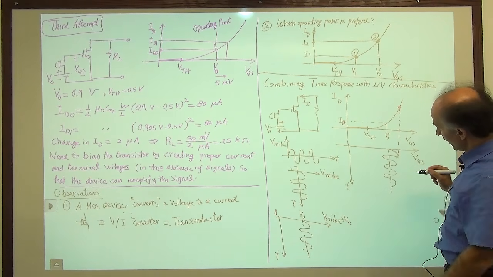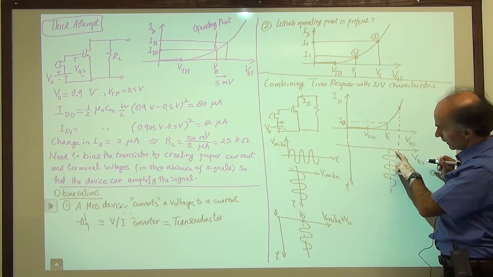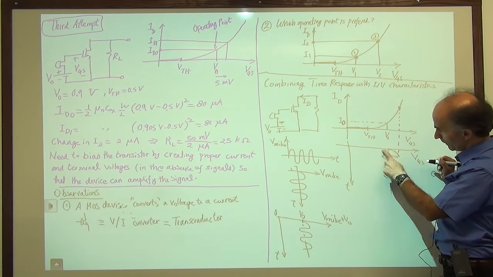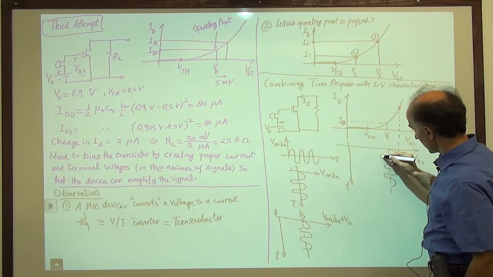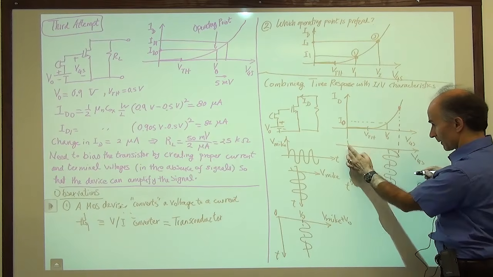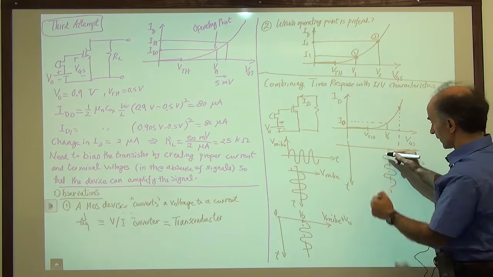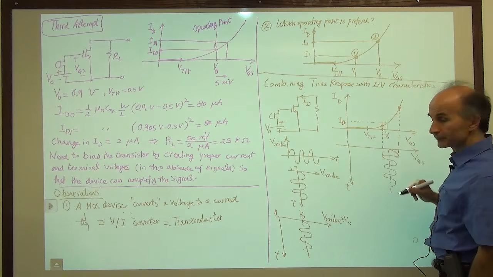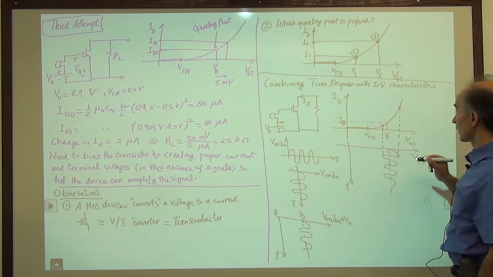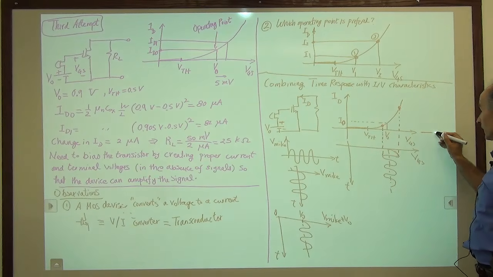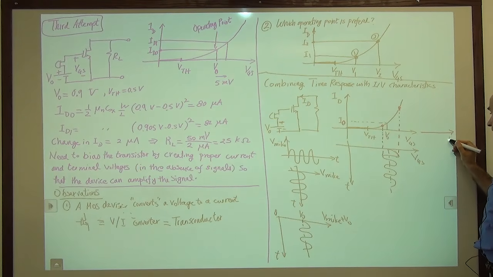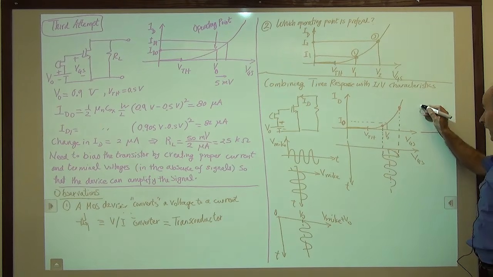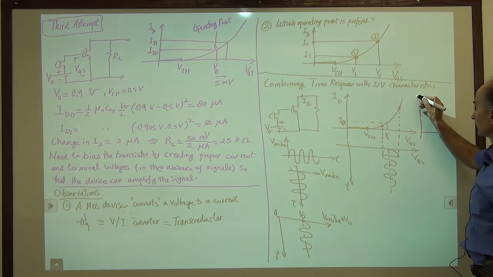Okay, and how about when the microphone signal goes down? So we go below V0. No problem. So now the new VGS is this much from here to here, right? So that comes up here and maps to another value. So now I can go ahead here, draw ID as a function of t.